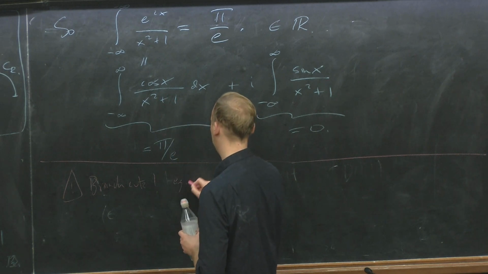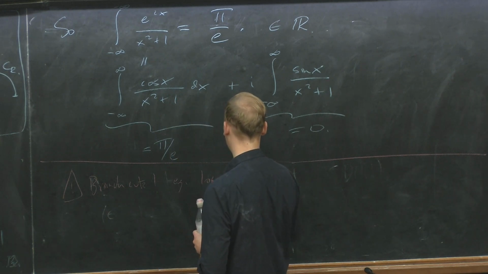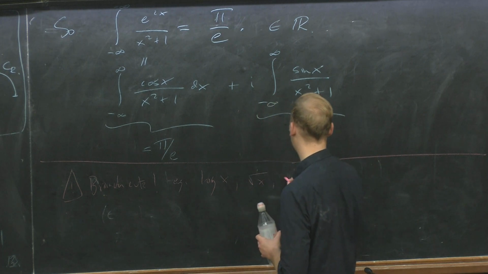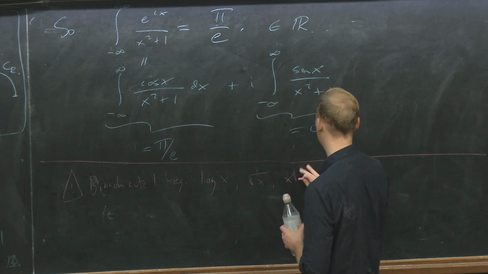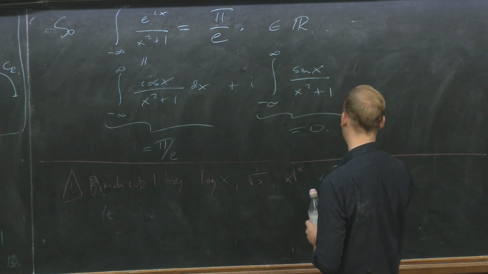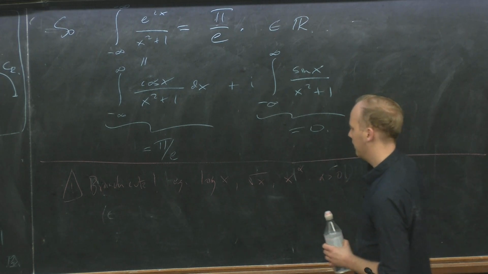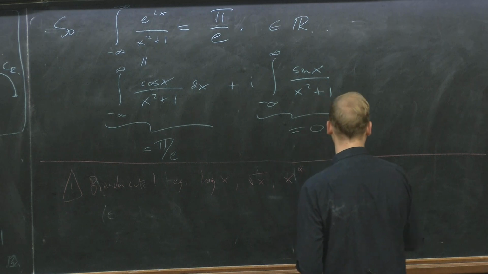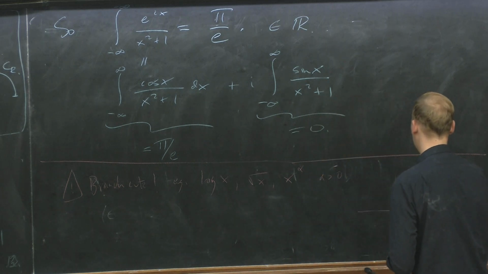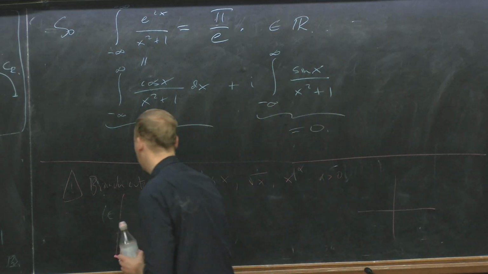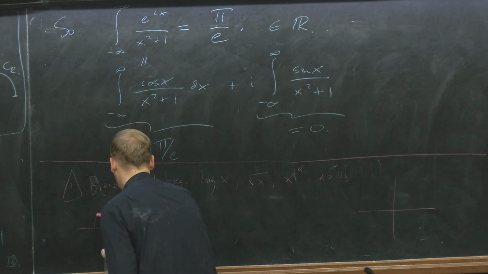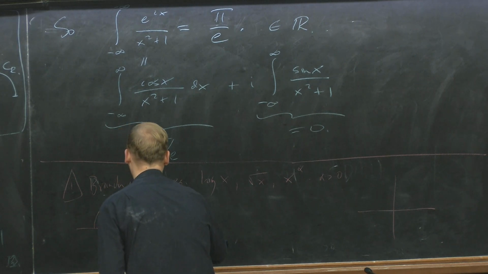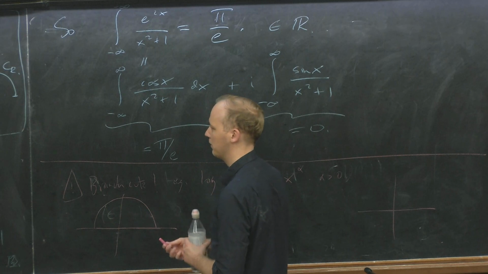so for example with log of x or the square root of x or x to the power alpha, where alpha is some real number, then a very typical contour, so I can draw the typical contours actually. The first typical one, the easy one, is this semicircle that we have.